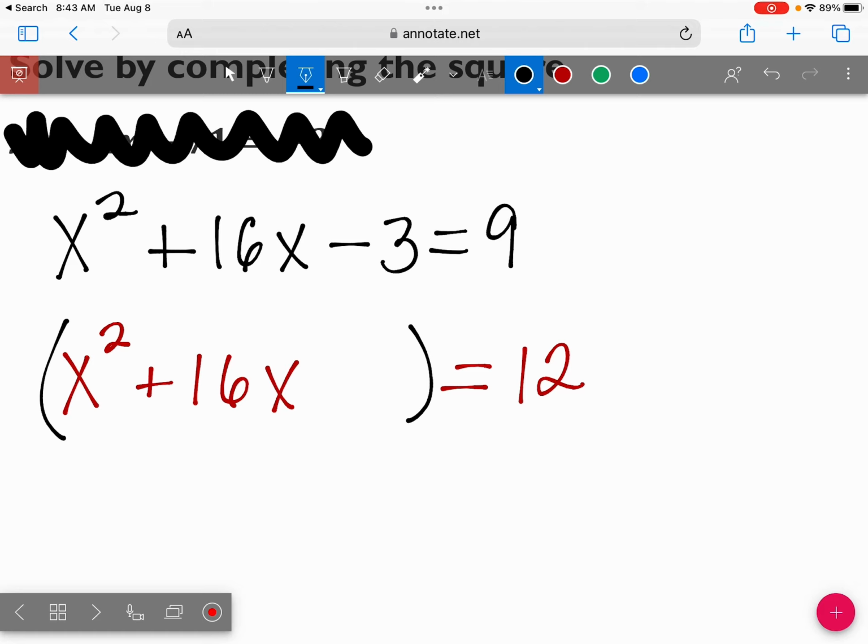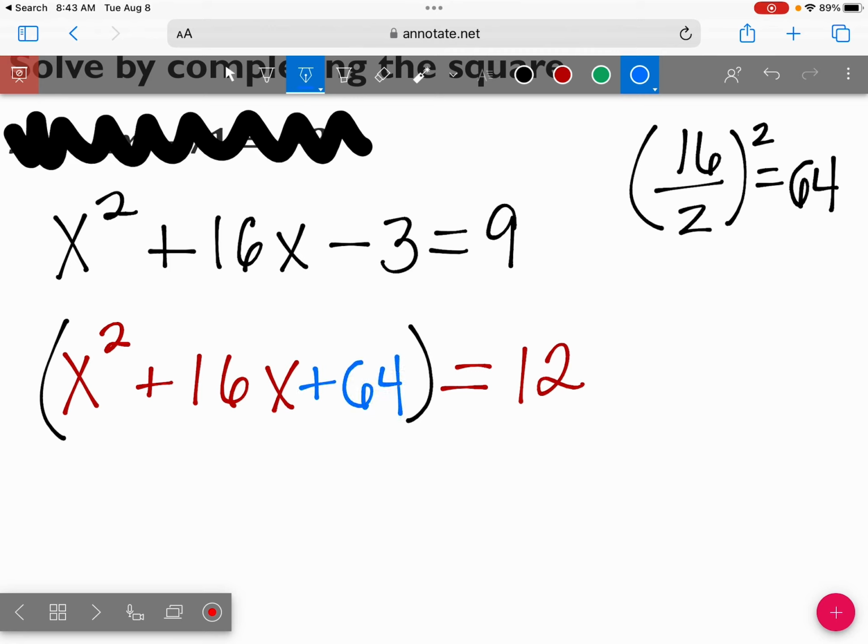The number that I'm going to add to create a perfect square is half of 16 squared. So 16 divided by 2 is 8, and 8 squared is 64. So that's the number that I'm adding on both sides.